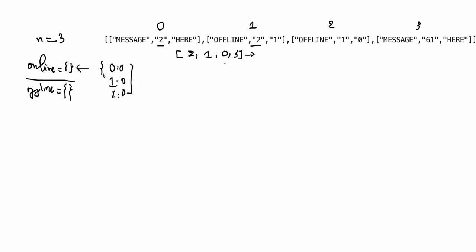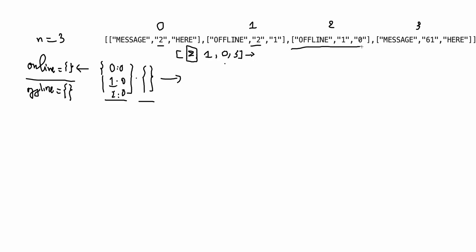For the online set, we have 3 users, so 0, 1, and 2. And we also have the offline set, which is the empty set here, right? From now on I will indicate the left one as the online one, and the right one as the offline one. Okay, so this is the initial step.